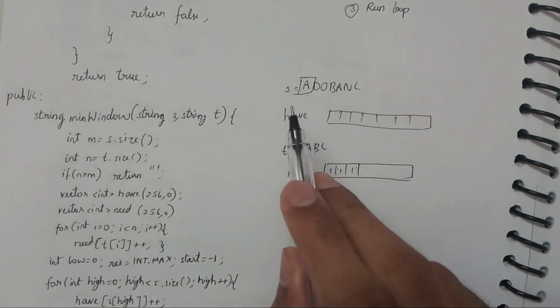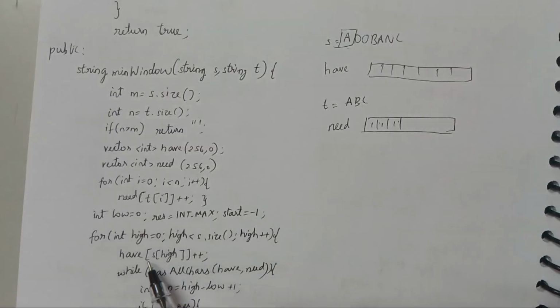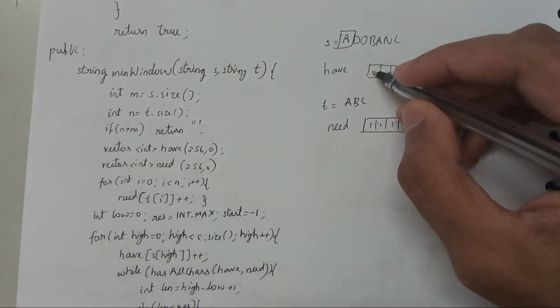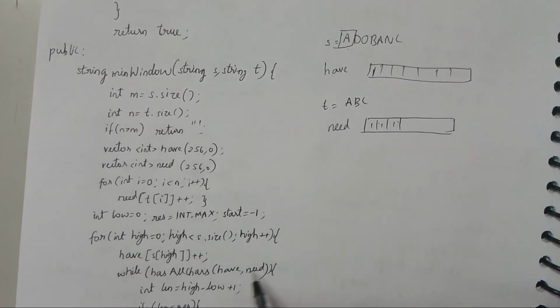Now in the second iteration, first we included high, so have of s of I plus plus, so A will become 1. Now while has all characters have common need, we return this function here. Now what is this function doing?